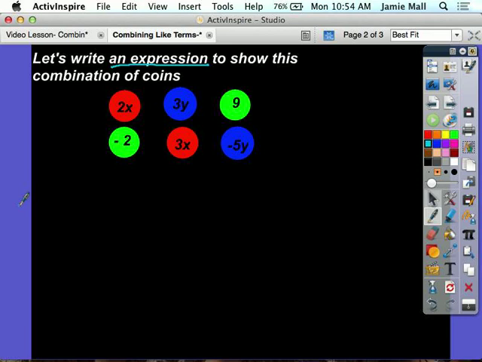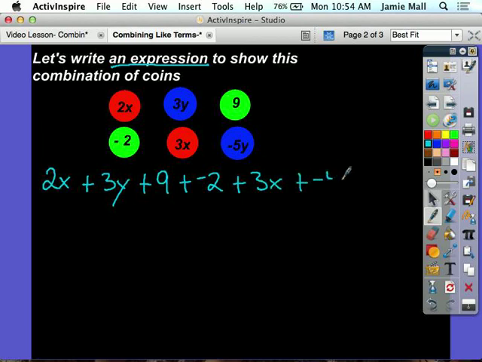I'm simply going to rewrite the combination of coins as one big, long addition problem. And here's what I got: 2x plus 3y plus 9 plus negative 2 plus 3x plus negative 5y. All I did here was take all of my coins and write it out as one lengthy expression.